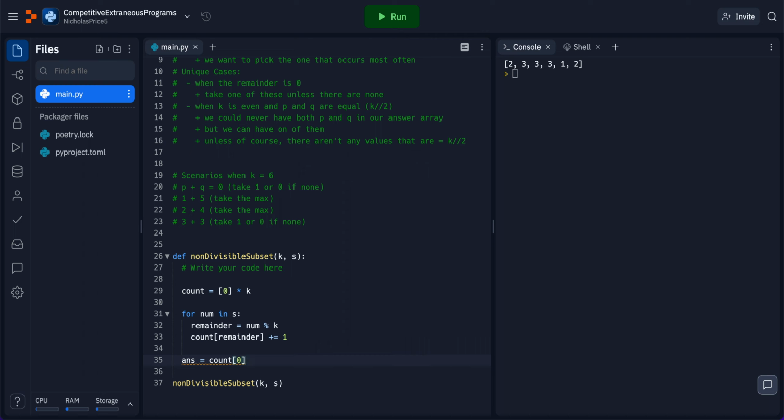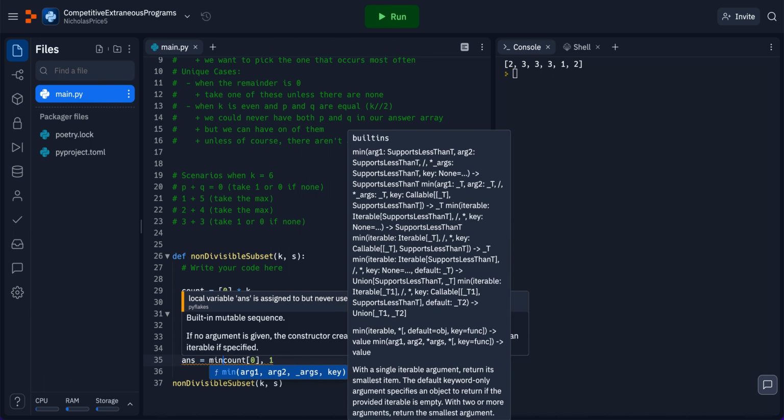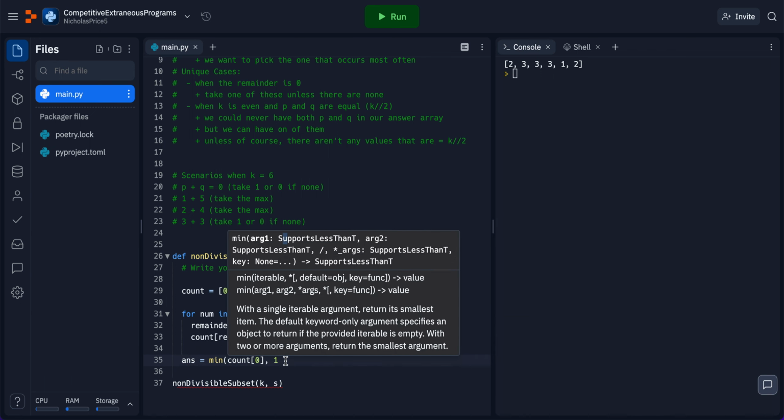And what did I say? We want to take the minimum in the range of count 0 to 1. And what does that mean?